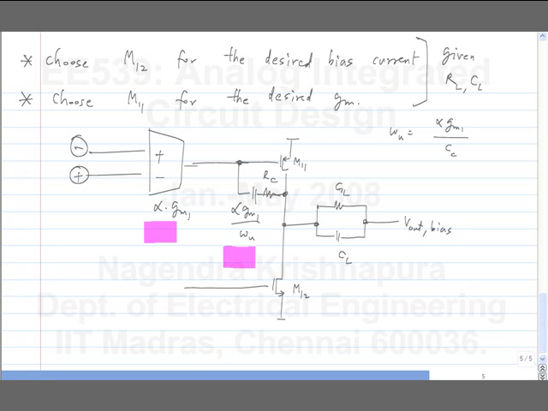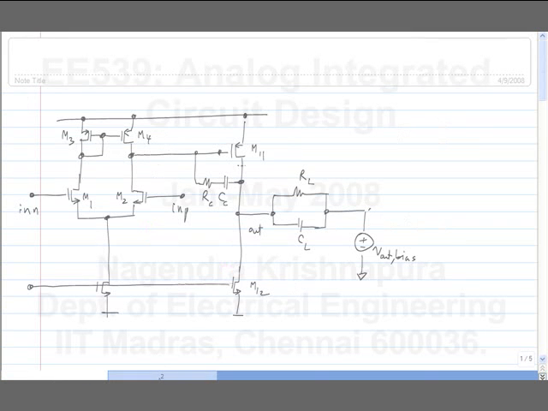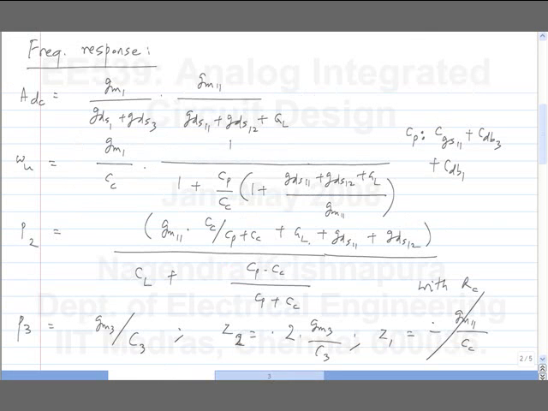So what happens is that if you look at the expressions, see, what is the condition? This is my omega u and this is my P2. First of all, I have a certain specification on omega u, and I have to maintain that. To get a certain speed of the negative feedback system, I have to maintain a certain unity gain frequency of the op-amp.